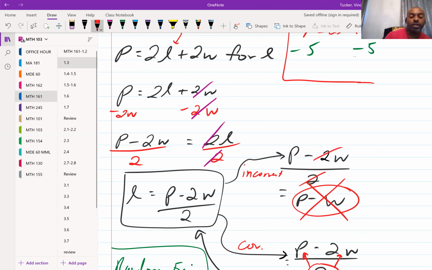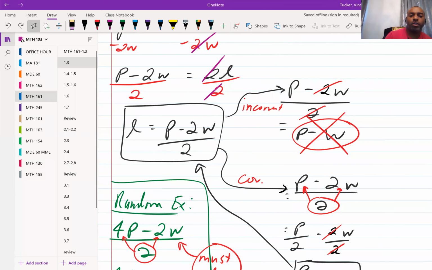Understand you do not have to reduce any further with this because, well, I'll show you. So the incorrect way of reducing is to cancel out the 2s, and then you're sitting with P minus W. You cannot just cancel out those 2s that way because of that minus sign sitting in between your 2 terms. So P minus W will be the wrong way of doing this.